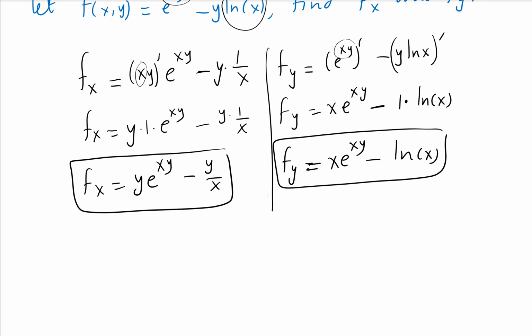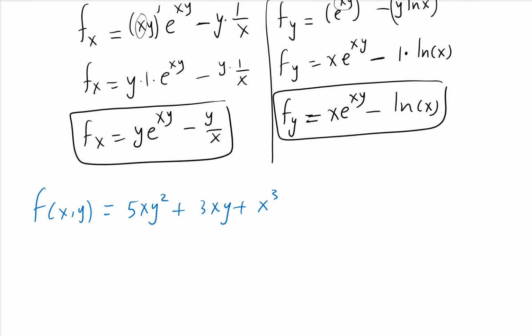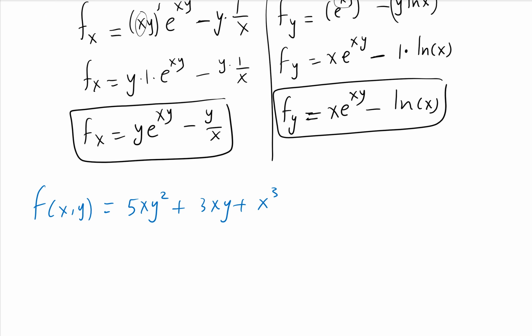I'm going to take a look at another function, but add more stuff to it. 4xy squared plus 3xy plus x cubed. If we try to find partial f with respect to x, what do we get? Derivative of x is 1, so it's 5y squared plus 3y plus 3x squared.